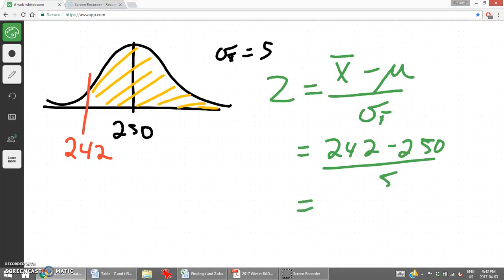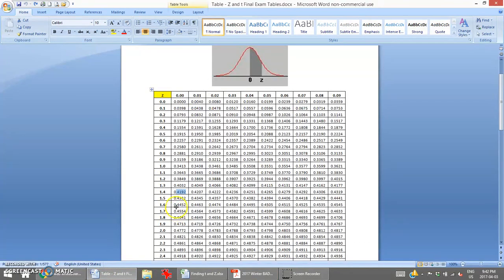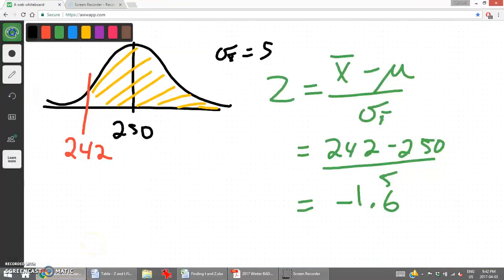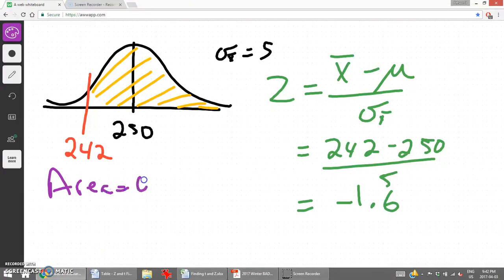Z value is going to be negative 1.6. We're going to find the area that corresponds to that Z value 1.6. The area is 0.4452, right in there. So we know that the area, step 2, is 0.4452.